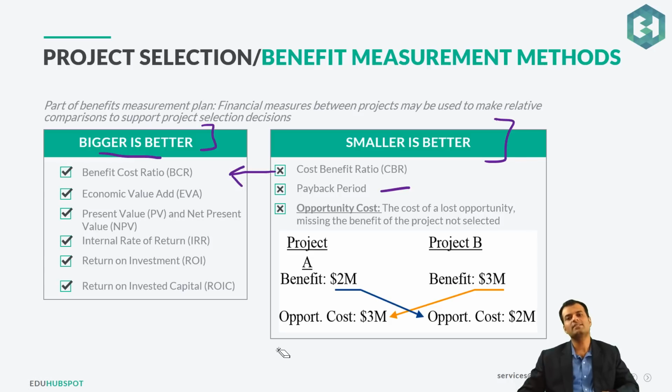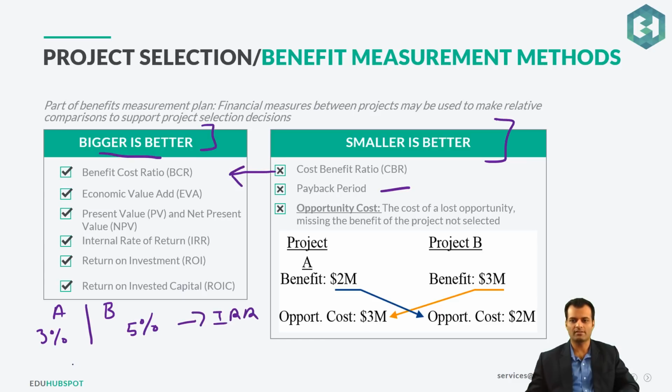Okay. Next is, sometimes in the exam they might give you a different type of questions. Like they might give you 3 values. Like they might say that A has a IRR of 3%, B has a IRR of 5%. So first we talked about the IRR.